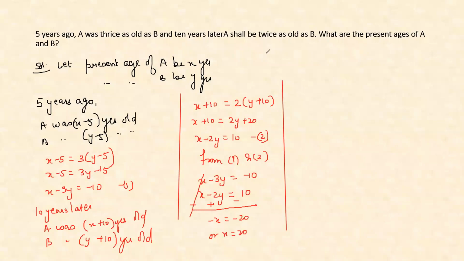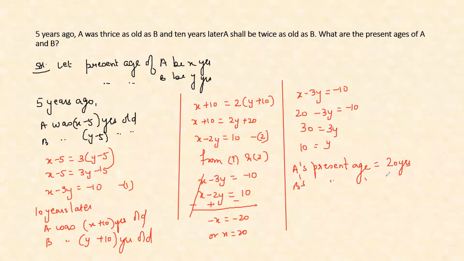I substitute the value in any of the two equations. X minus 3Y is minus 10. So 20 minus 3Y is minus 10. 30 equals to 3Y. Y equals to 10. That means A's present age is 20 years and B's present age is 10 years. I hope this is clear.